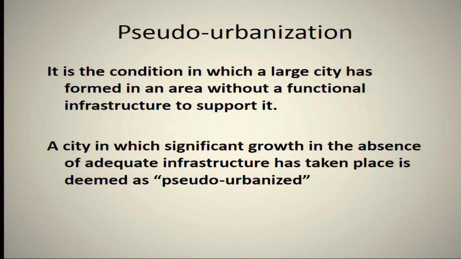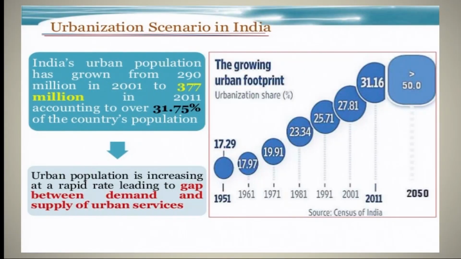The urbanization scenario in India: if we see, India's urban population has grown from 290 million in 2001 to 377 million in 2011, accounting for over 31.7% of the country's population.